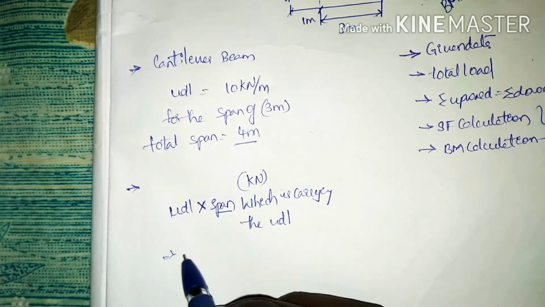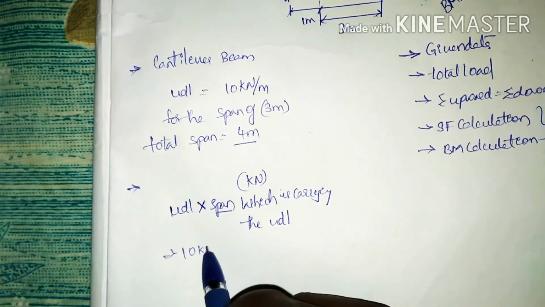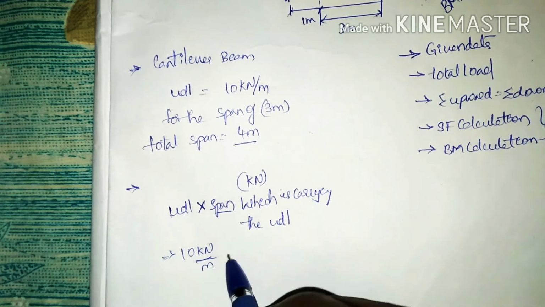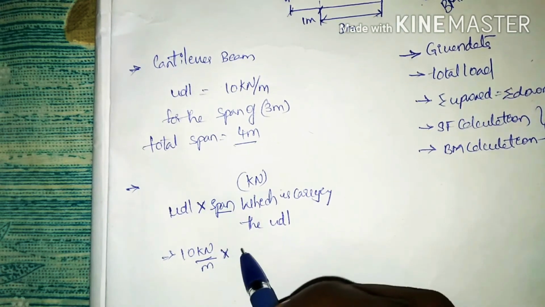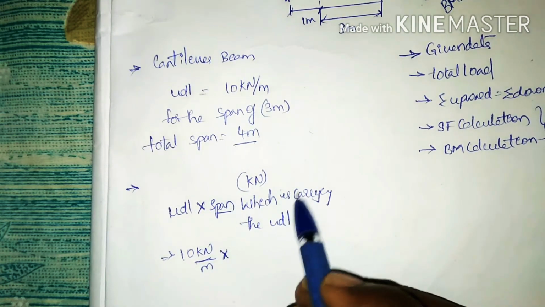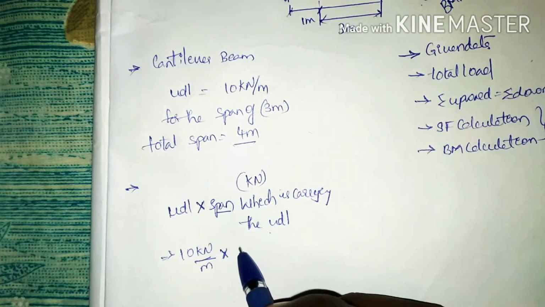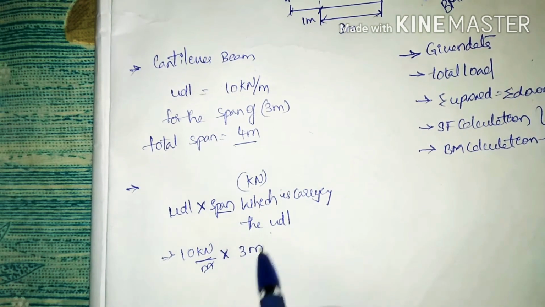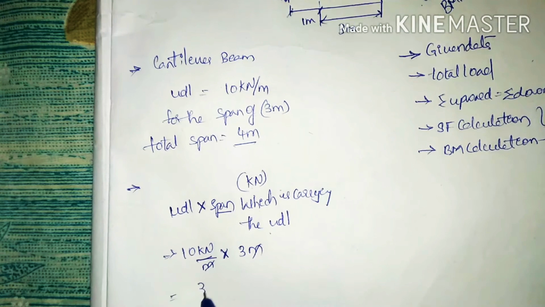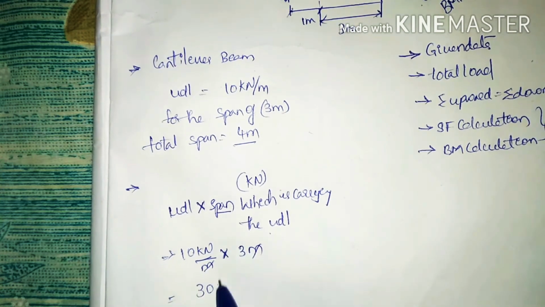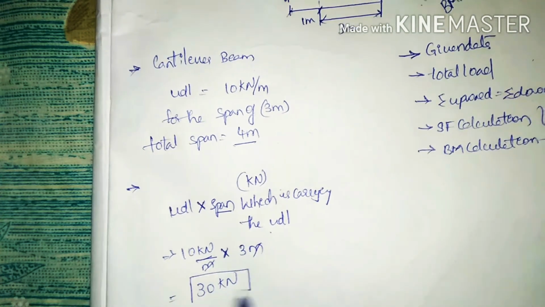The UDL is 10 kilonewton per meter, multiplied by 3 meters. The meters cancel, and the total load is equal to 30 kilonewtons.